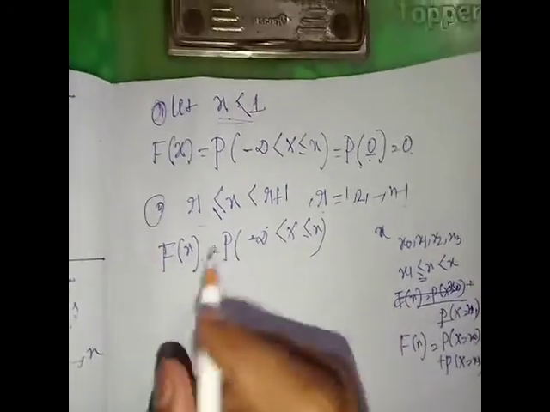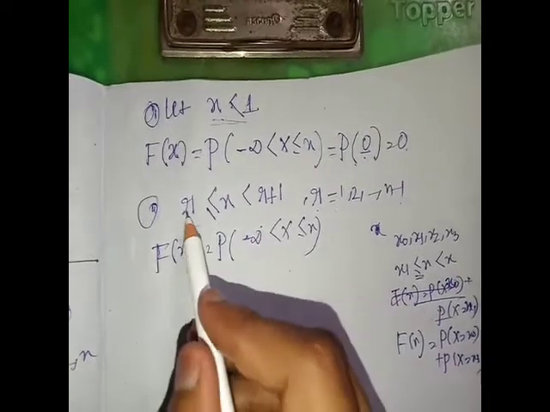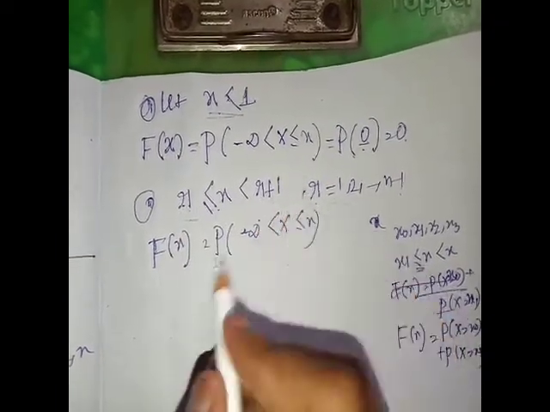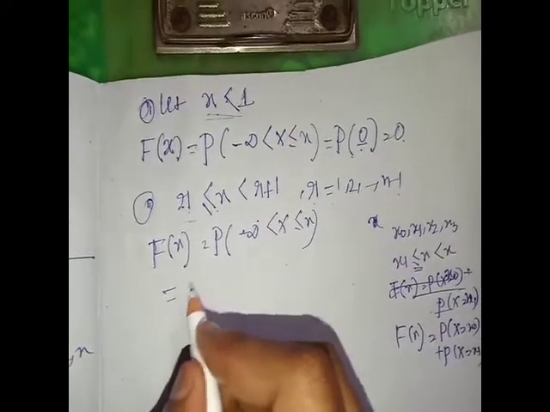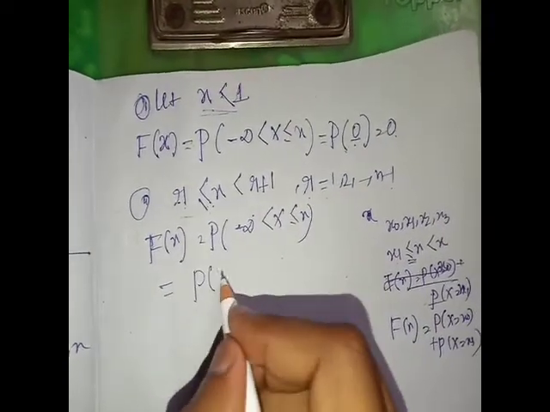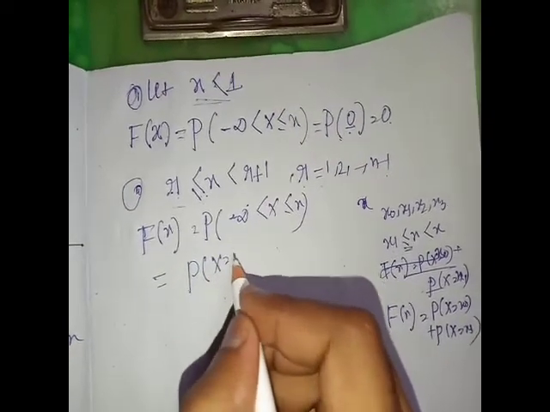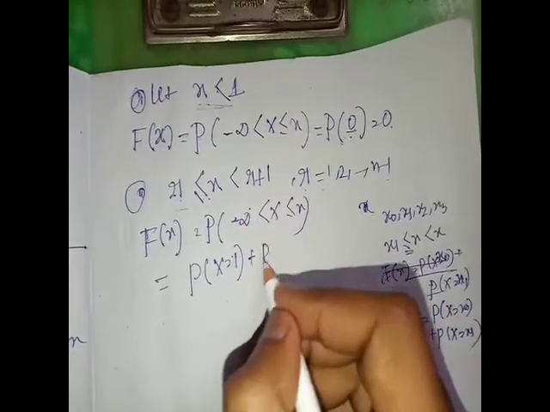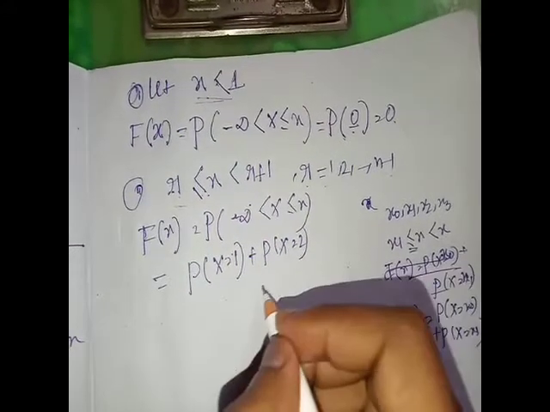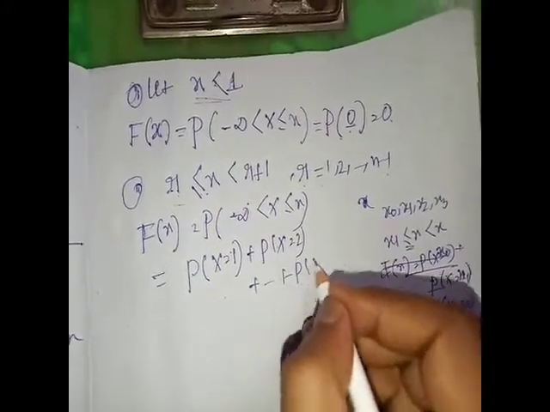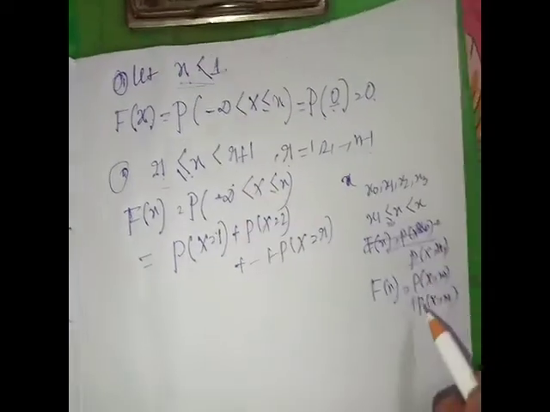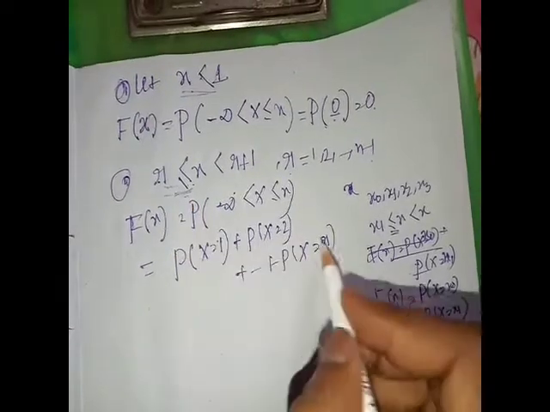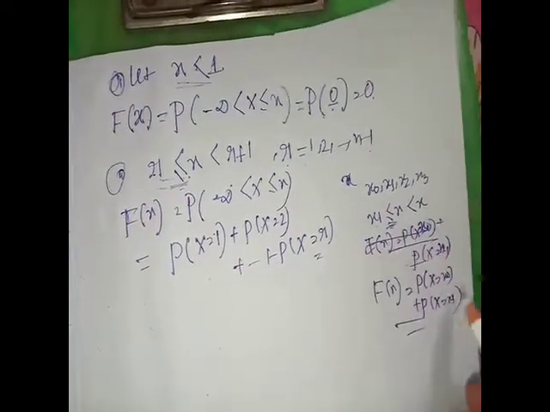In this case, since r ≤ x < r+1, the distribution function is the probability of X = 1, plus X = 2, up to the probability of X = r.